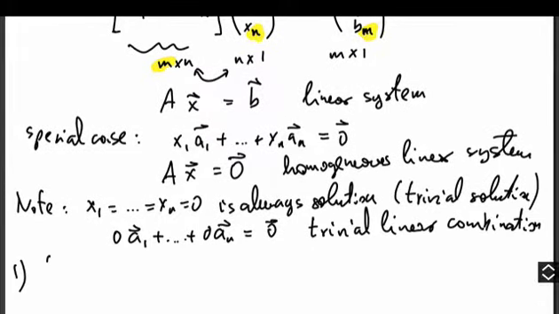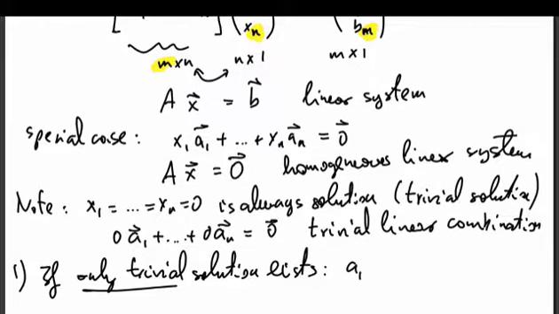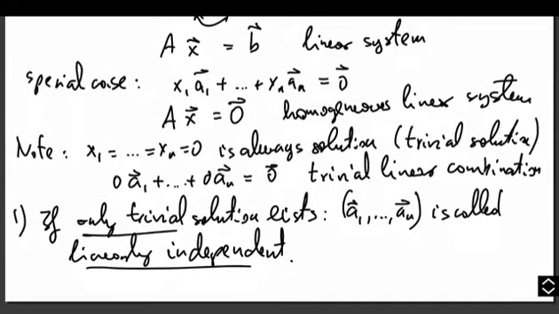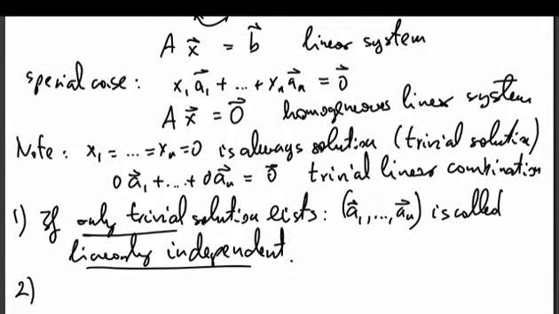So then here is the definition of linear independence or linear dependence. If only the trivial solution exists, then the list a1, an is called linearly independent. First let me mention that x equals 0 in this case.